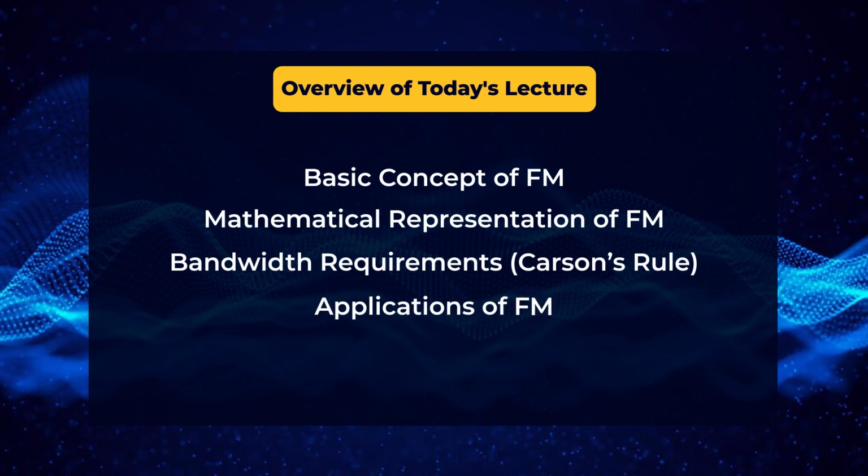We will also look at some common applications of FM and touch on its historical development. Finally, we conclude with a summary of the key points discussed. With this overview in mind, let's move to understanding the basic concepts of frequency modulation.